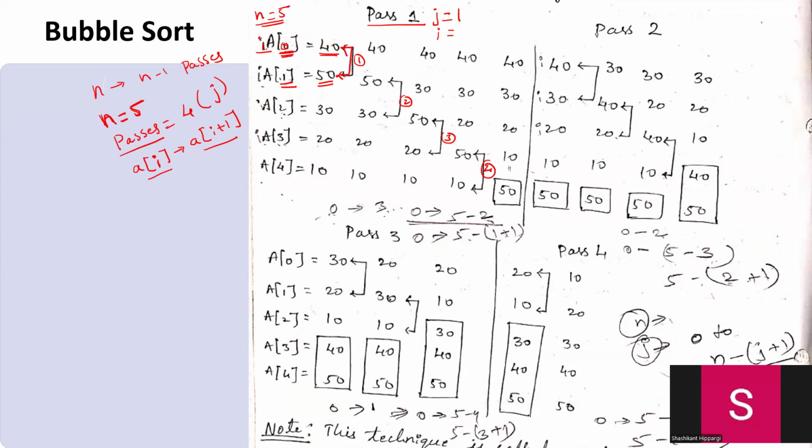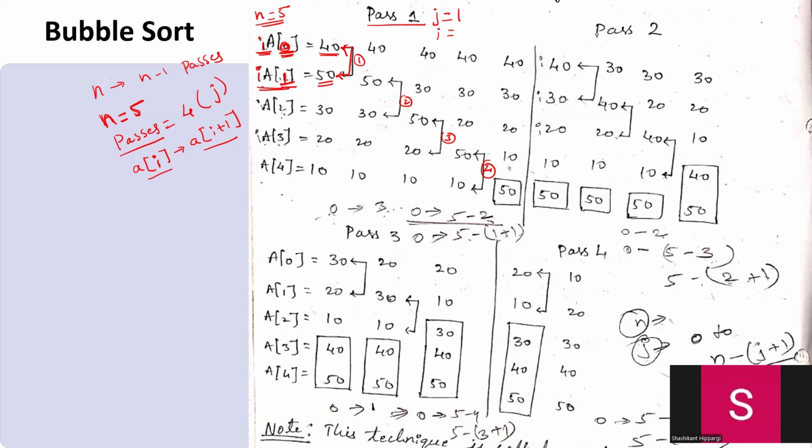If they are out of order, we are going to exchange them. Then we increment I by 1, so the value of I has become 1 now.